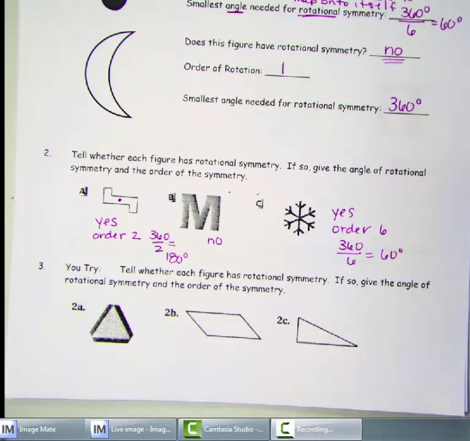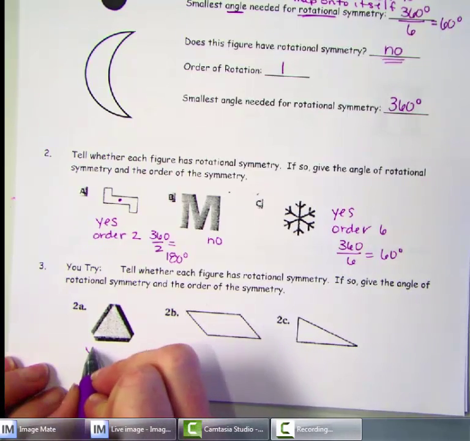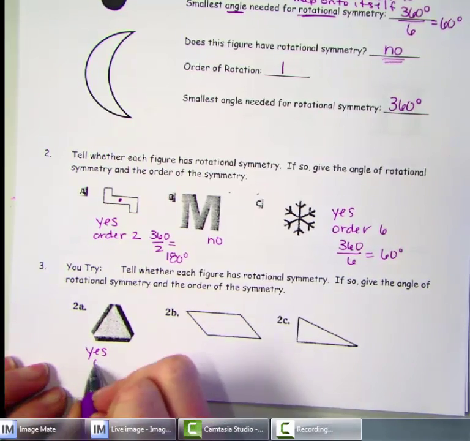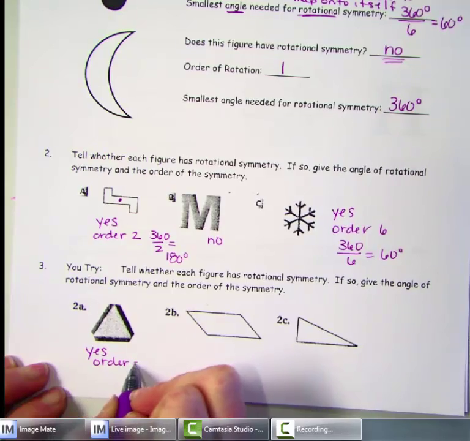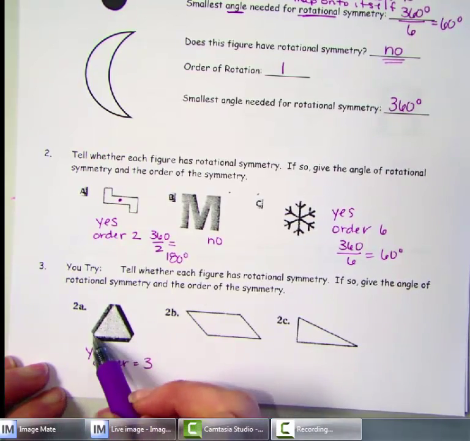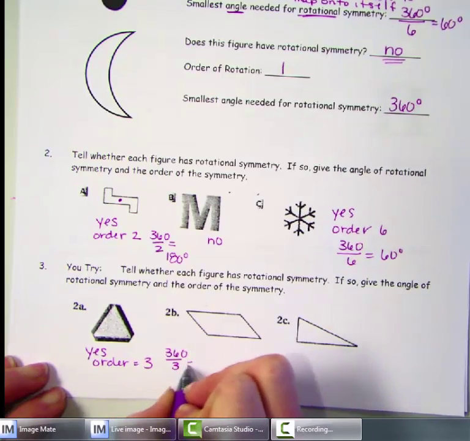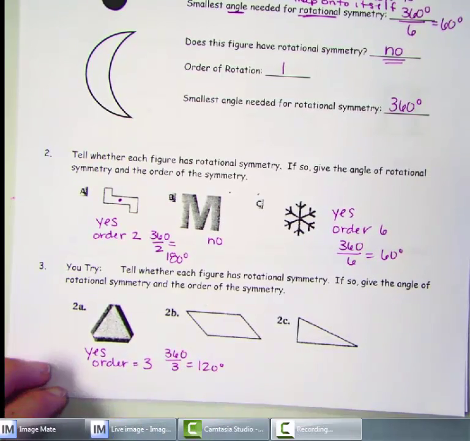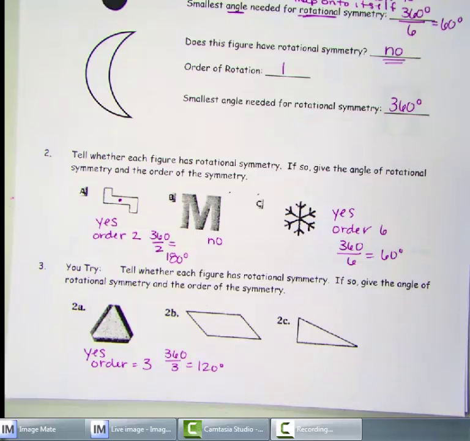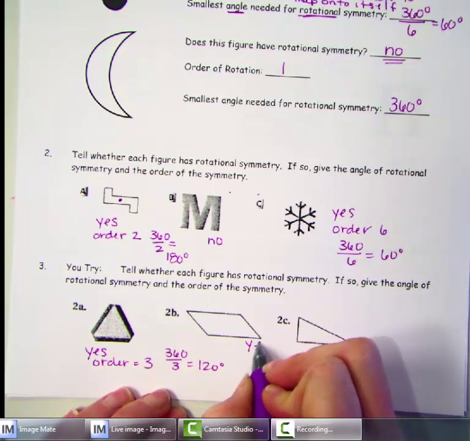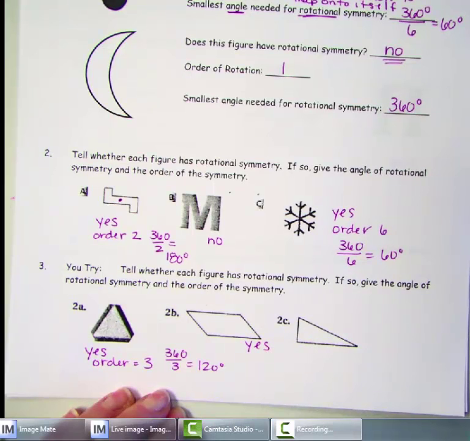Okay, now that you're back, the answer here is yes, this has rotational symmetry. The order is 3. 1, 2, 3. So 360 divided by 3 gives me 120 degree rotational symmetry. On to B, yes, this has rotational symmetry.